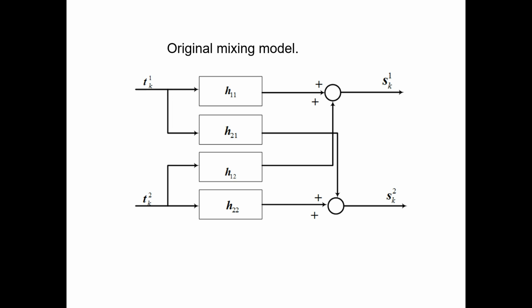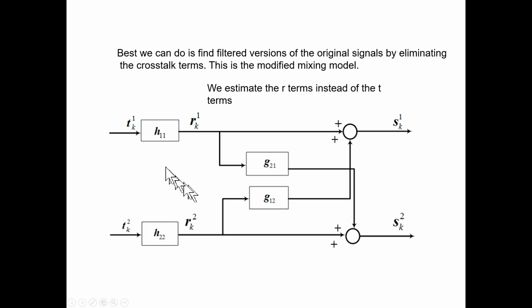You can represent the mixing as the original mixing model with these unknown acoustic transfer functions, or as the modified version where you absorb H11 and H22 and have the unknowns G21 and G12. These are the received signals at the microphones. These are the original signals, T1 and T2.